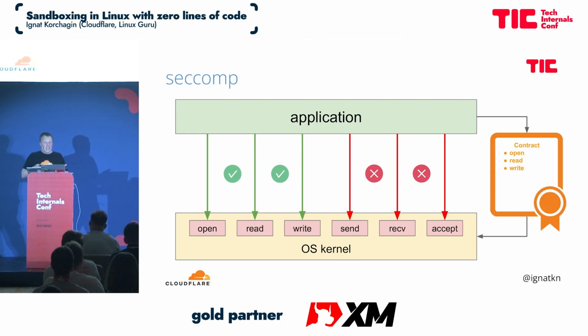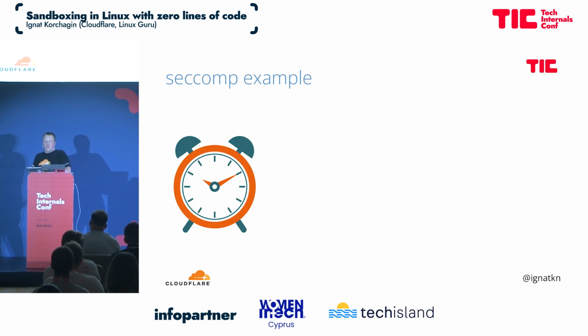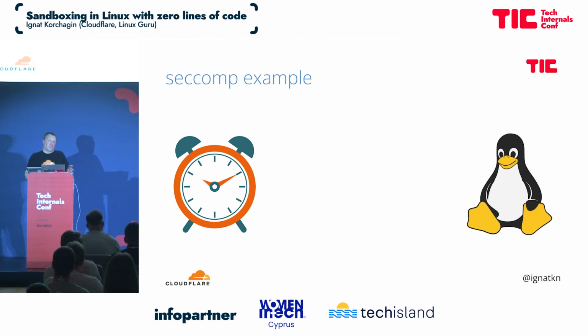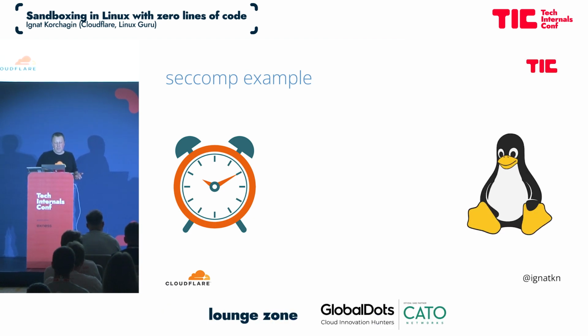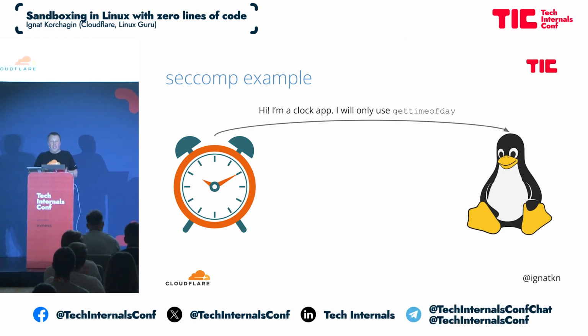So let's see an example here. Imagine you write a clock application, and it's a Linux application. And by the way, it should be on Linux because seccomp is a Linux-specific feature, right? So technically, what does a clock application need from the kernel? Well, basically, it only needs to know the time, right?